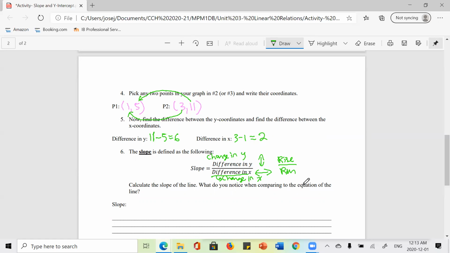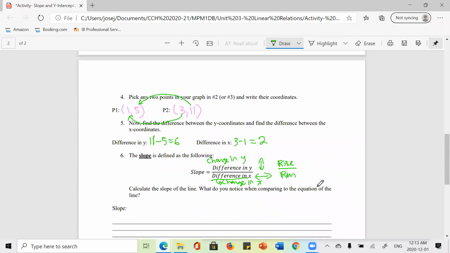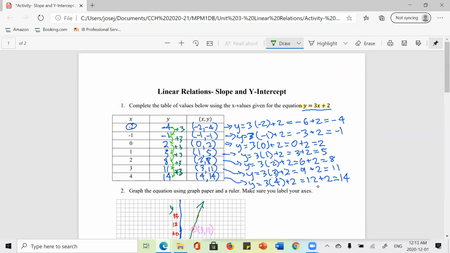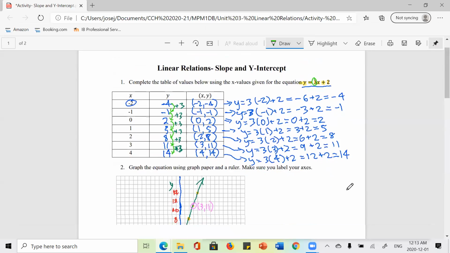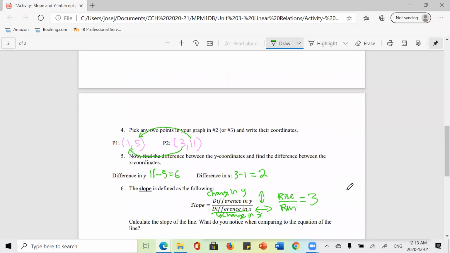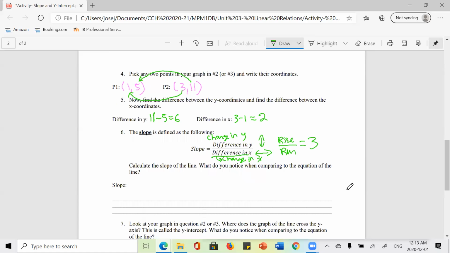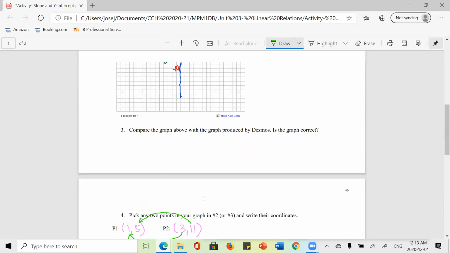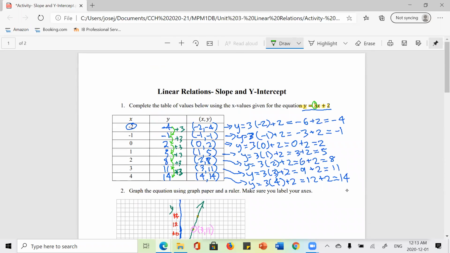And we also might notice that when we look back at our equation, our final answer when we calculated the difference in y over the difference in x was 3 here. This is also the exact same number that we see in the equation of the line. We see that 3 was our slope. So it's not a coincidence at all. So we already start to notice that the slope is actually the value or the coefficient that is attached to the x variable, right?